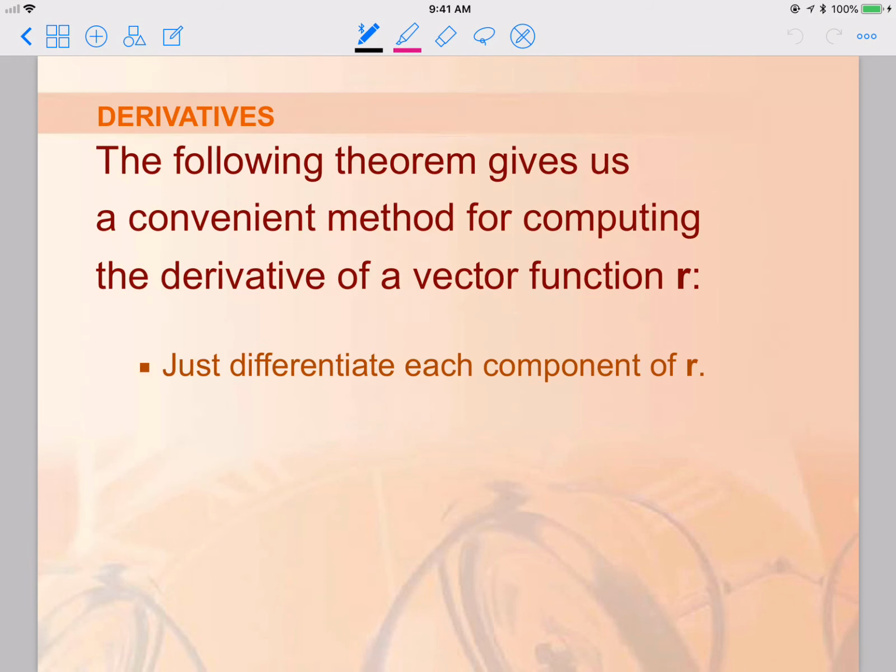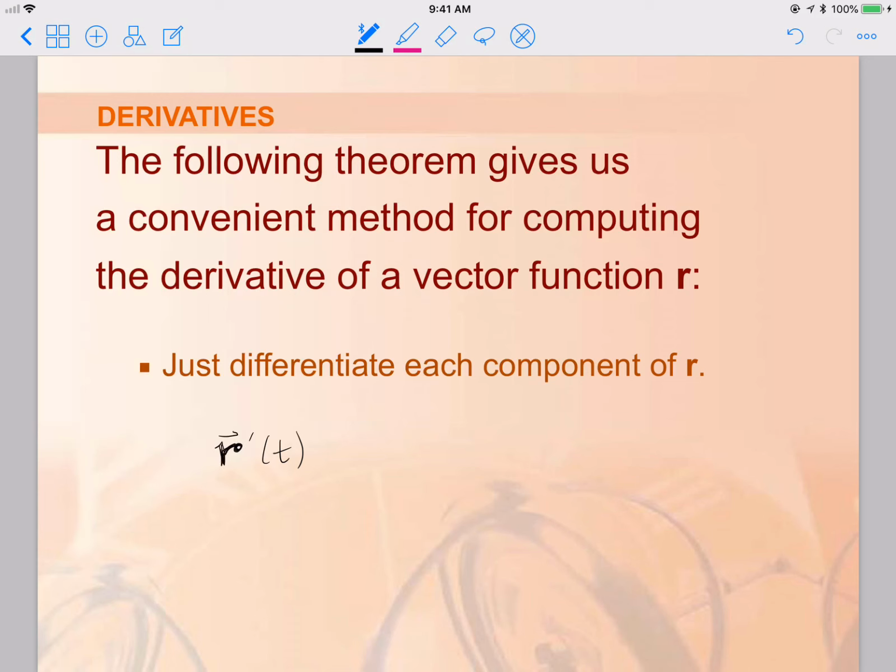We talked about how to compute the derivative of a vector function. You just differentiate each component. So if you've got r of t, and this is part of why you just write an arrow, because it takes a long time to create the look of bolding it.